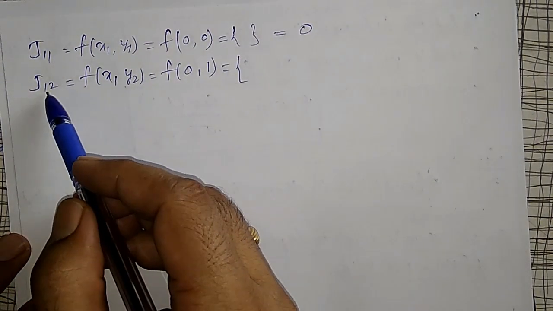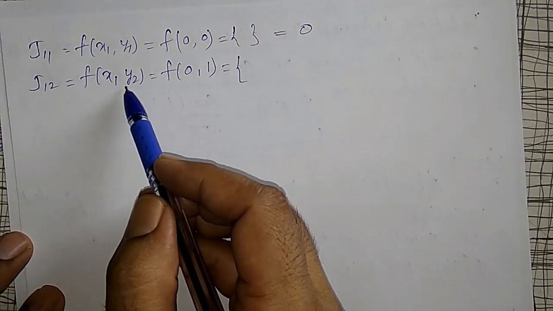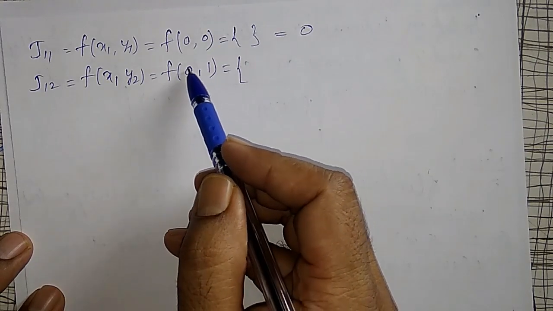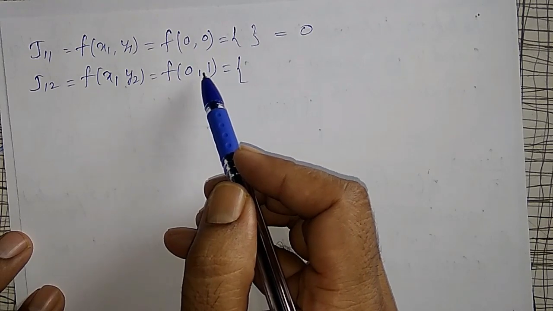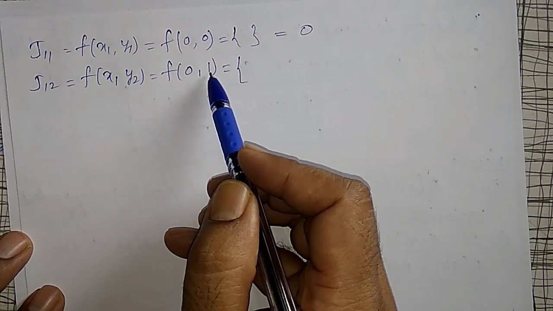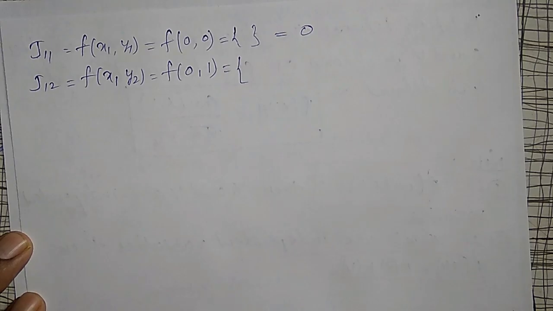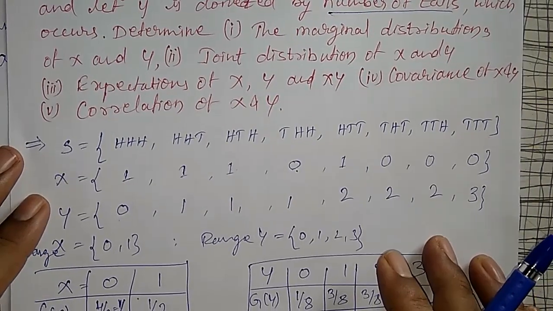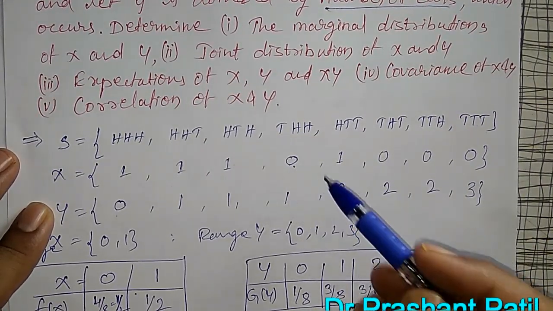Like that, joint probability of 1 2, that is f of x1 y2, f of 0 1. The first should be tail and the total number of tails must be equal to 1. How many cases are there? X should get 0 and y should get 1.